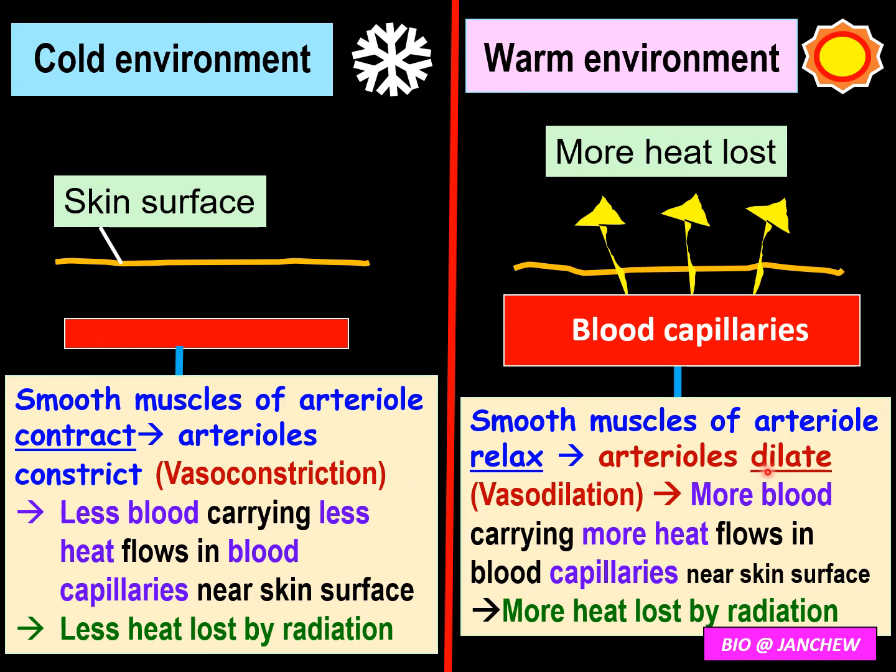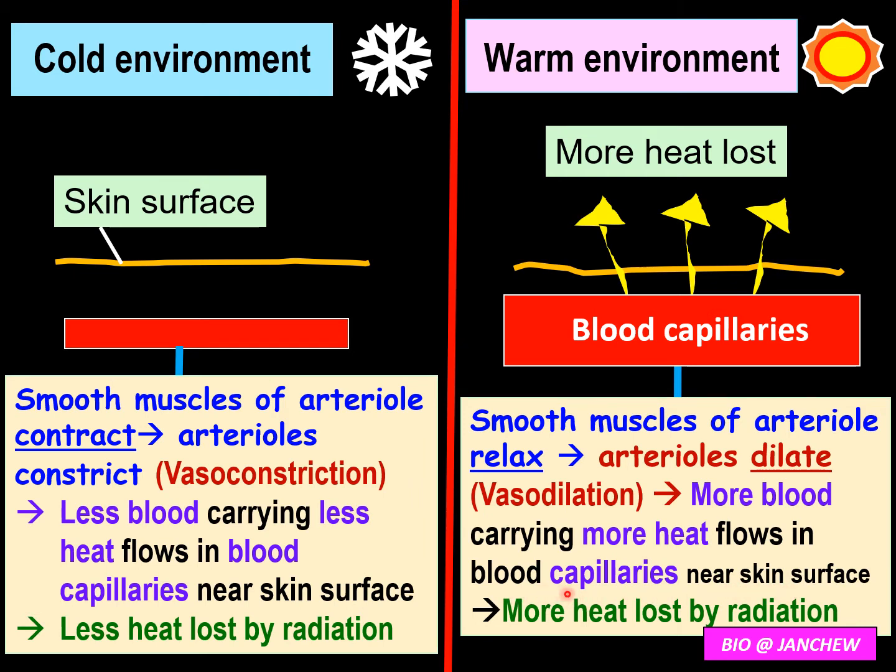We say that the arterioles dilate, become bigger in diameter, and this process is known as vasodilation. Vaso has something to do with blood vessels. When arterioles dilate, more blood carrying more heat will flow in the blood capillaries near the skin surface.